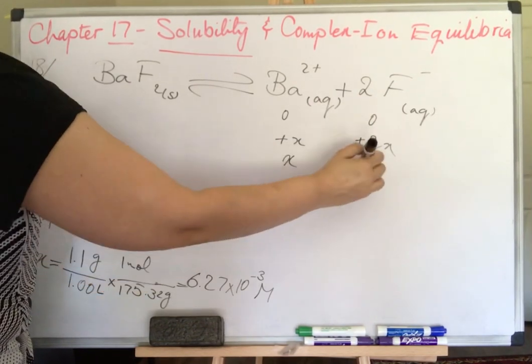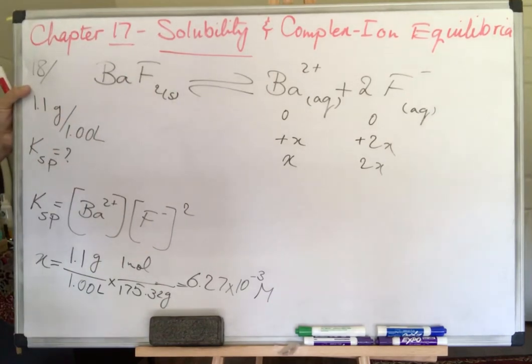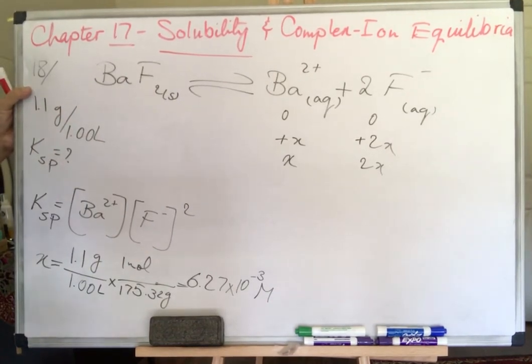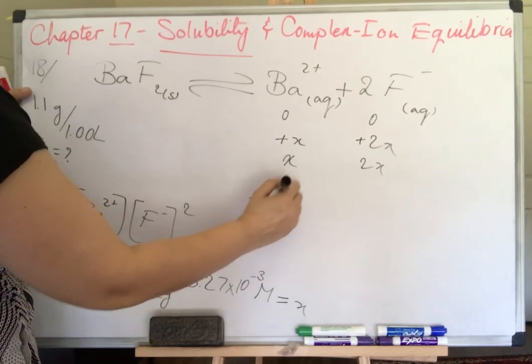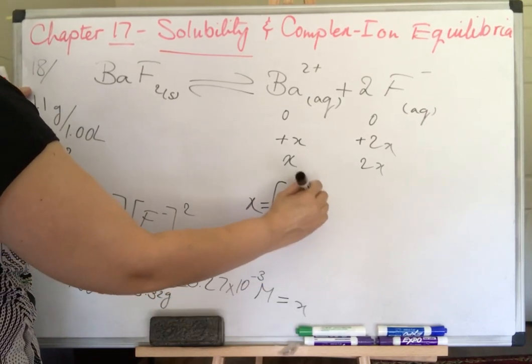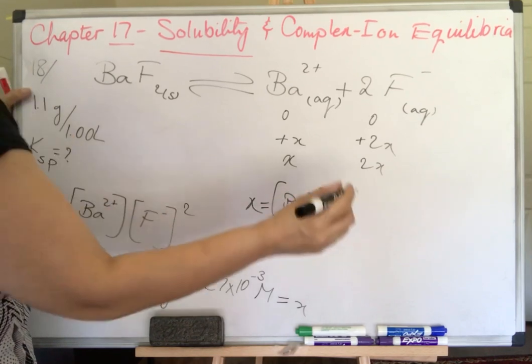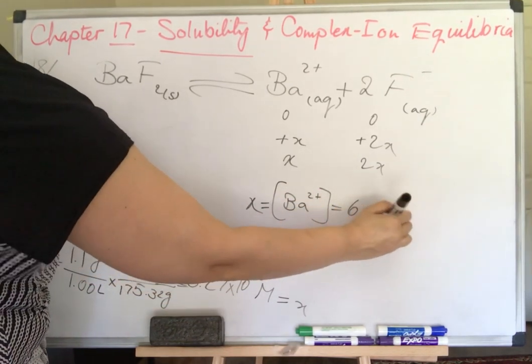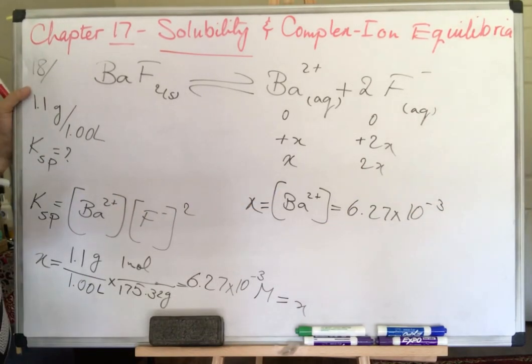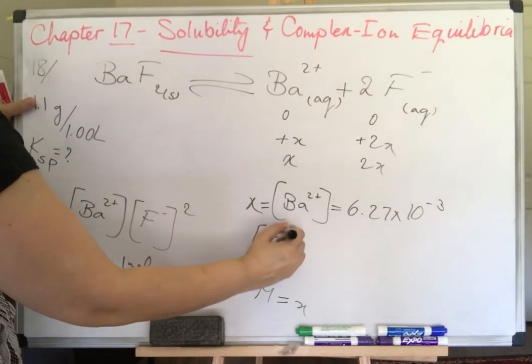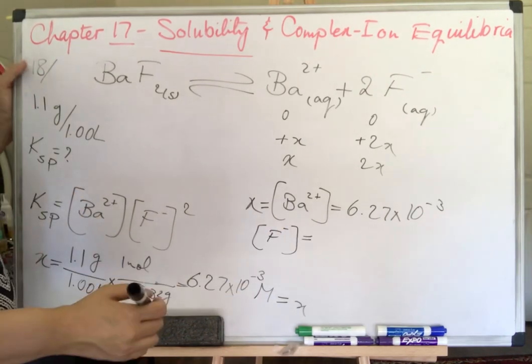So at the end you have x and 2x. Then x, this is x, is going to be the solubility of barium, which is 6.27 times 10 to negative 3. And then for fluoride, it's going to be twice as that, right?